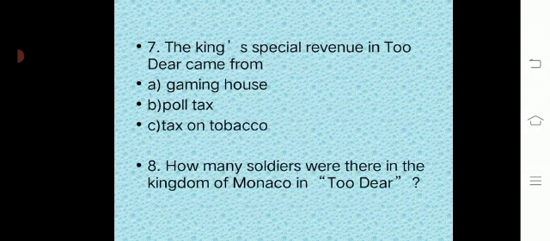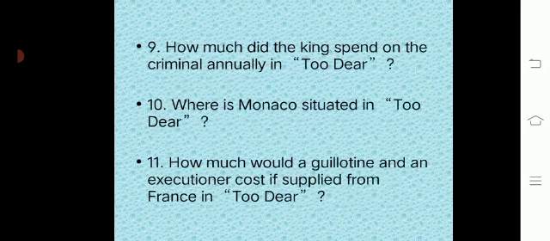Question number 8. How many soldiers were there in the Kingdom of Monaco in Two Dear? Question number 9. How much did the king spend on the criminal annually in Two Dear?